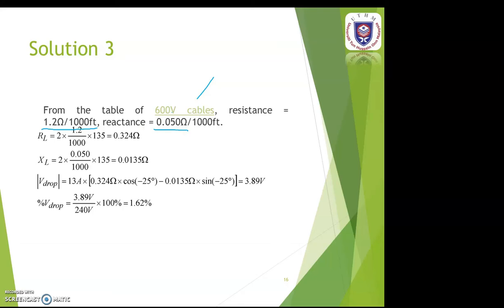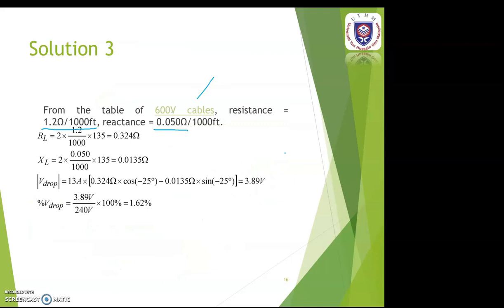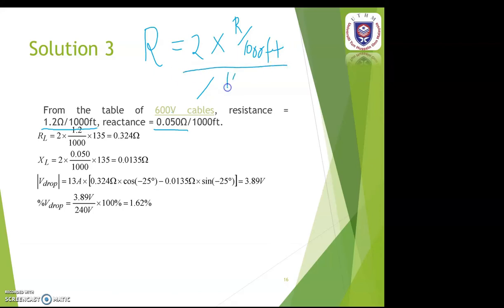Then you use the equation for the single phase, as I mentioned before. That equation is R equals 2 times R per 1000 feet, divided by 1000, times the length of the cable.